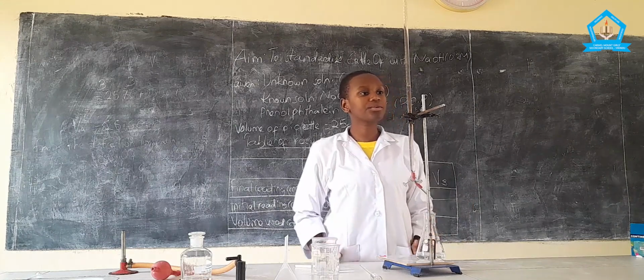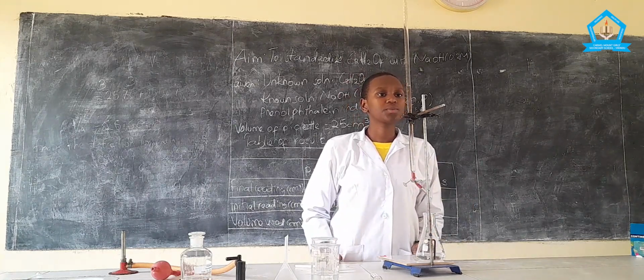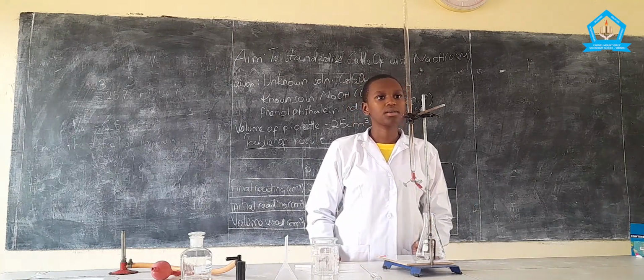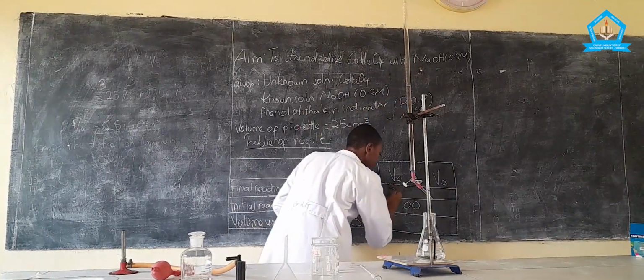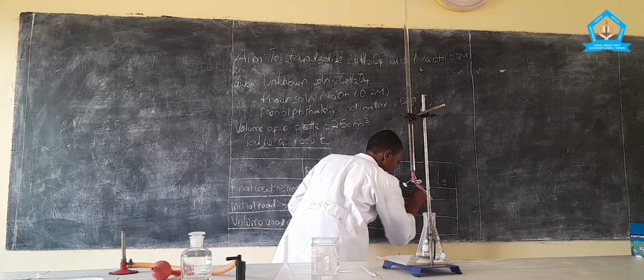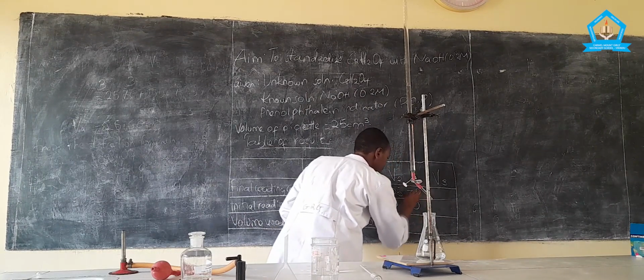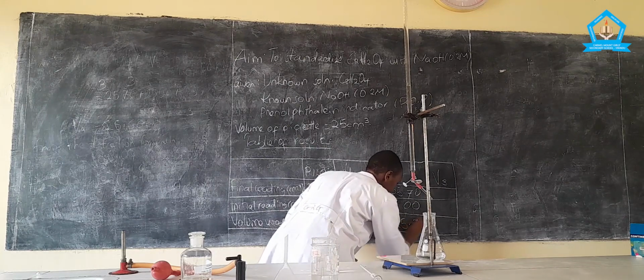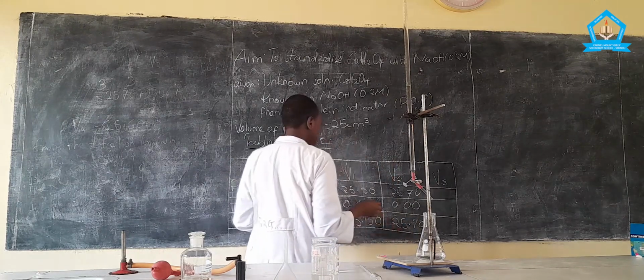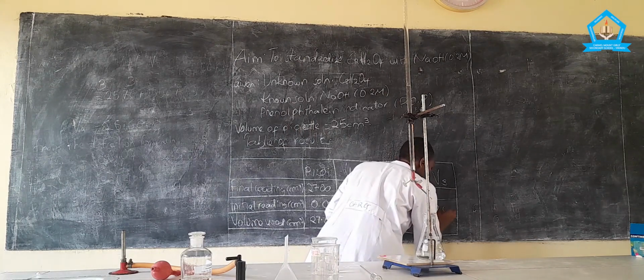And our final reading will be 25.7. Also, our volume used will be the same, 25.7, while our initial reading for the third experiment will be 0.00.